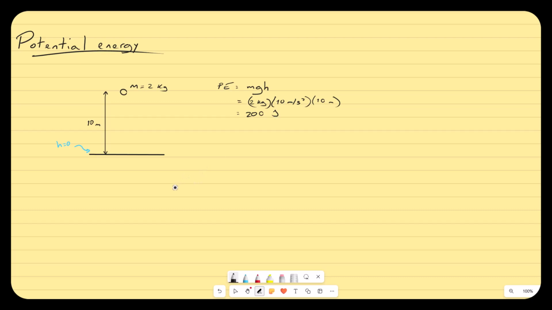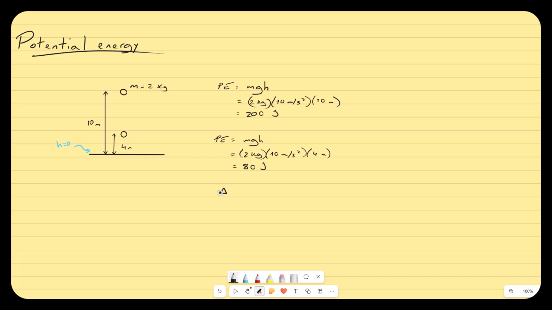Maybe we want to say how much has potential energy changed when this drops from 10 meters down to 4 meters. So I'm going to find the potential energy at 4 meters. I'm going to get my 2 kilograms, 10 meters per second squared, 4 meters. 2 times 4 is 8, times 10 is 80.